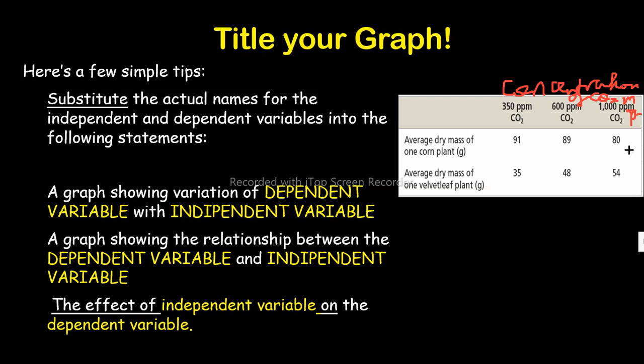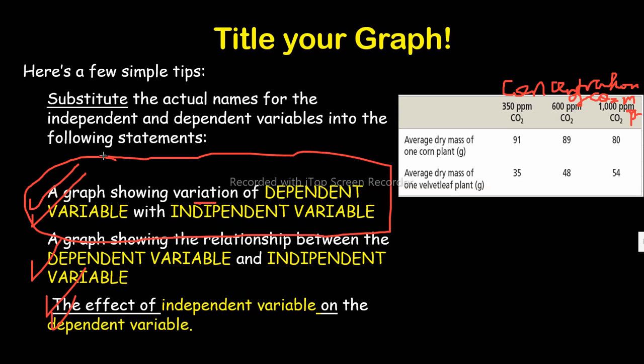And then here we have the average dry mass of the plant. So can you try to formulate your title? In case you are watching the video, pause and formulate your title. Actually, you can start with variation, then go to relationship, and finally the effect. But I prefer this.